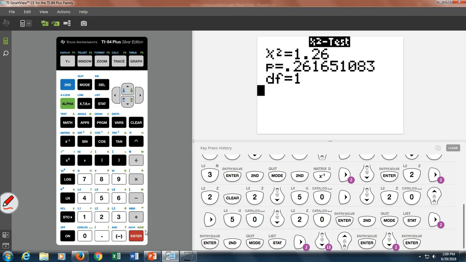And so let's see. We have here P equals 0.26165. That's not a very small p-value. We agreed to let alpha equal 0.10, but this p is bigger than any alpha people would reasonably choose. And so we would not reject the null hypothesis.